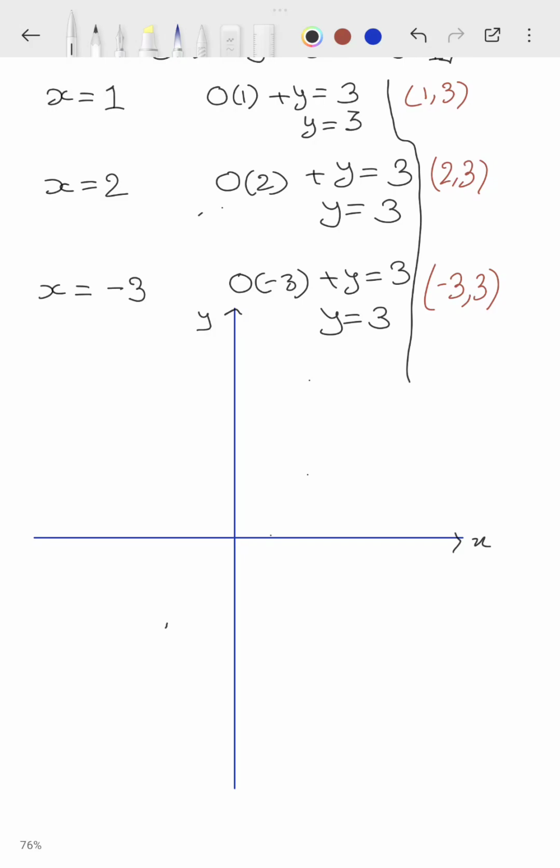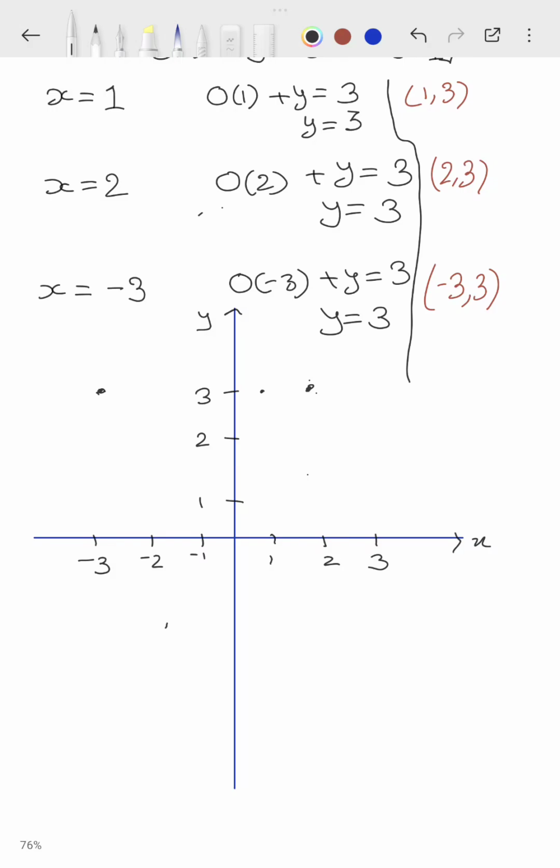So when x is 1, 2, 3, and here we have minus 1, minus 2 and minus 3. On the y-axis we have 1, 2 and 3. See here y is 3. So let's plot for 1. When x is 1 we get a point somewhere here, and for 2, 3 we get a point here, and for minus 3 and 3 we get a point here.